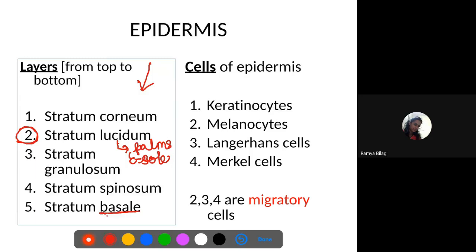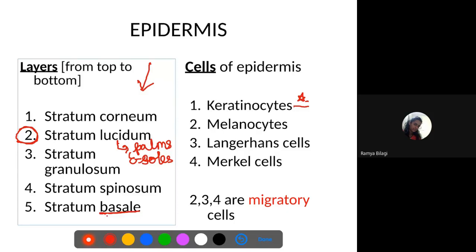Coming to the cells of the epidermis, there are 4 important cells of the epidermis. The most important is keratinocytes. The rest are melanocytes, Langerhans cells, and Merkel cells. Keratinocytes are most important because these are the resident cells, fixed to the epidermis.